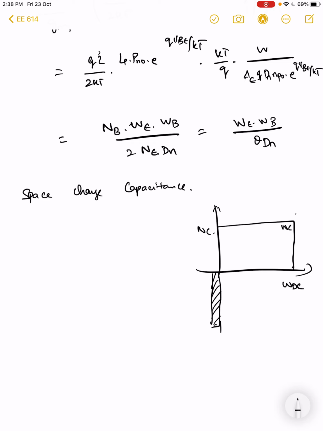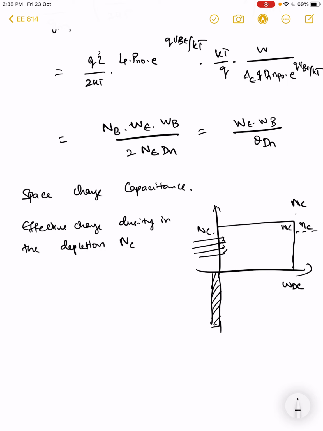Now because I am injecting a lot of electrons from the emitter side, your NC becomes reduced by some value, small nc. So the effective charge density in the depletion is not NC, but NC minus small nc, which is because of the electrons which are injected.